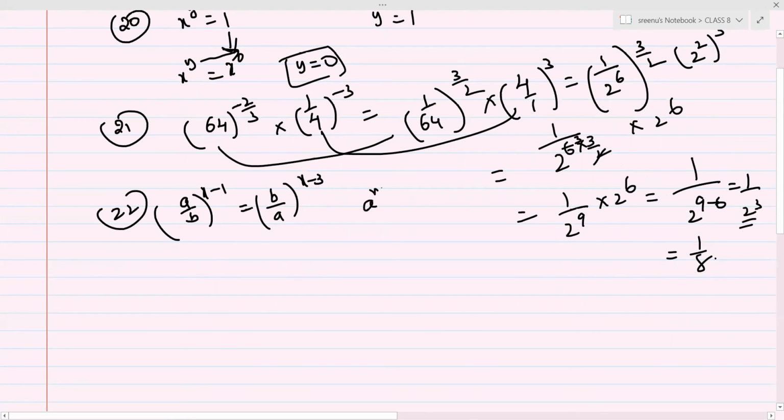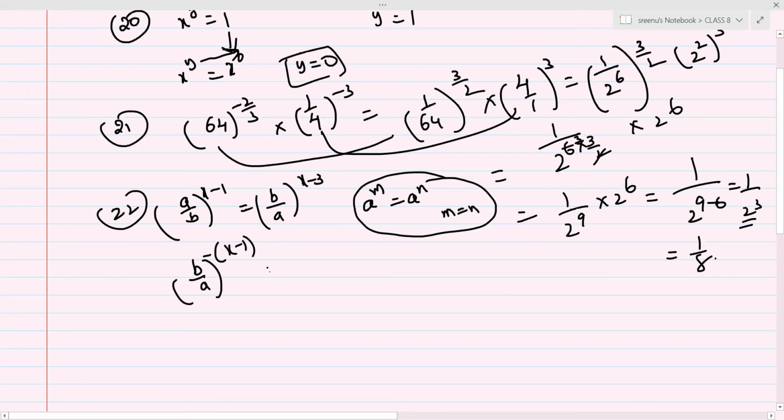In the left side, suppose a power m is equal to a power n, we get m is equal to n, no? Okay, no? But here a by b is there, b by a is there. This a by b, I want to change as b by a with the negative power. Like this I will write. Take negative power. Now bases are equal, powers are also equal.